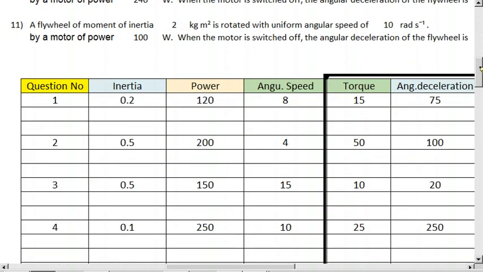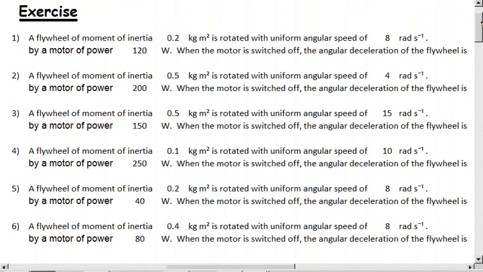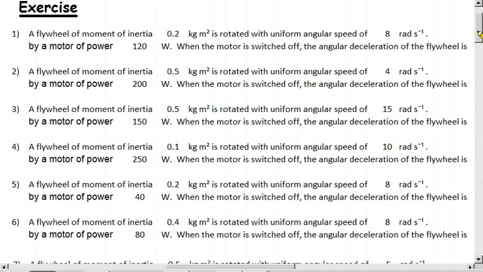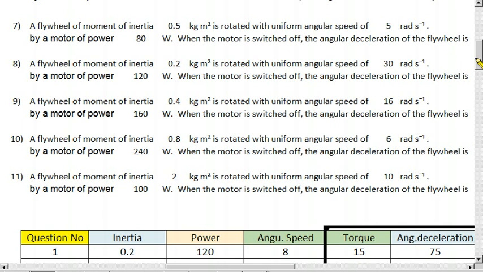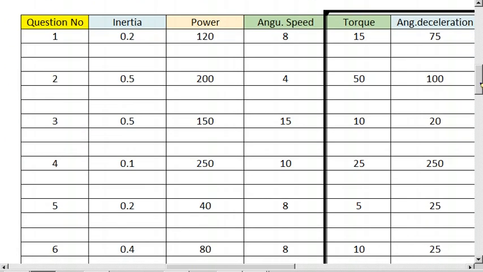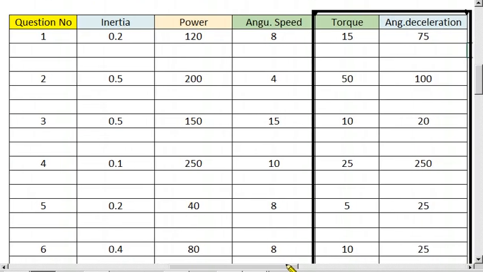There are 11 problems, so you can take a screenshot of these problems after pausing the video. Now take a screenshot. I am going to scroll now. After 6, 7, 8, 9, 10, 11, take a screenshot of these questions also. And now I am going to scroll and you can take a screenshot of these answers also.